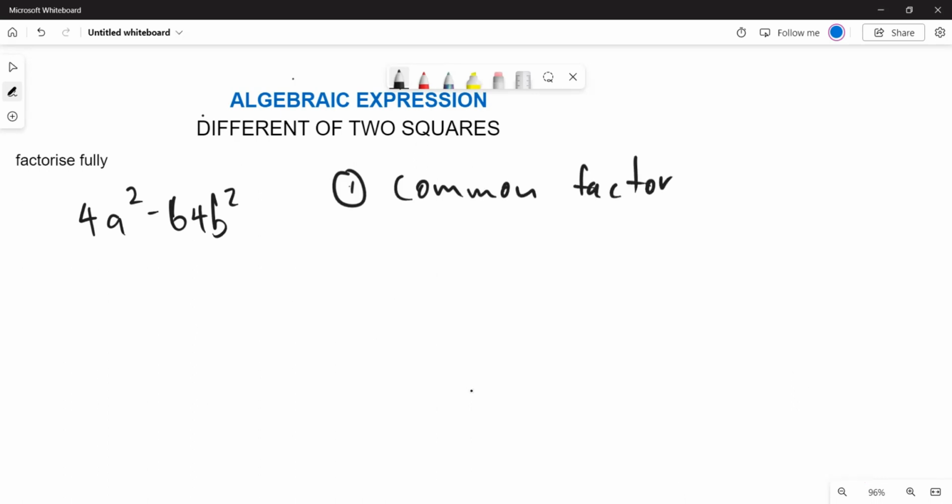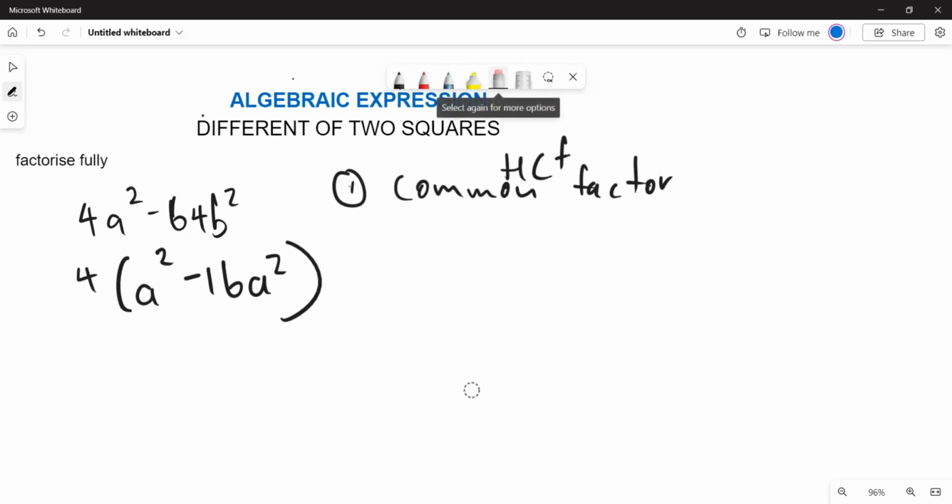Remember, this is not just any common factor but the highest common factor. Here, 4 is your highest common factor, and you are left with a squared subtract 16b squared.